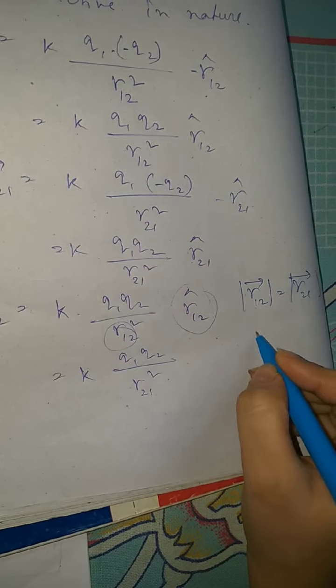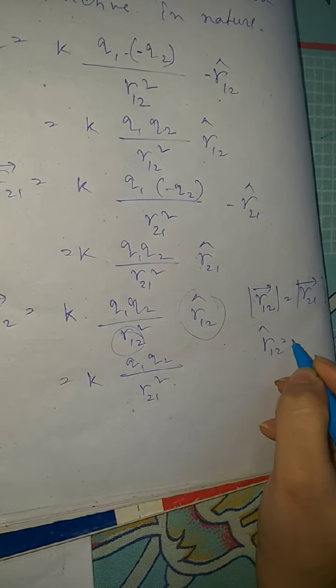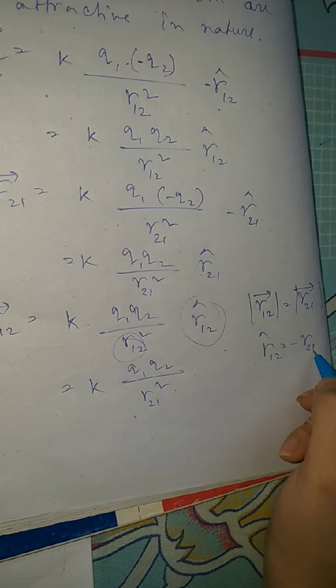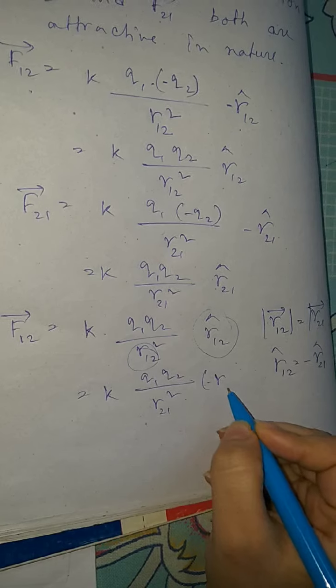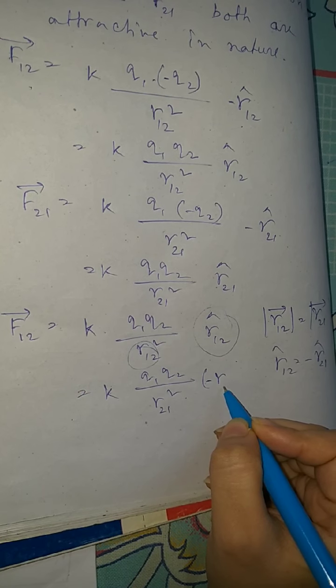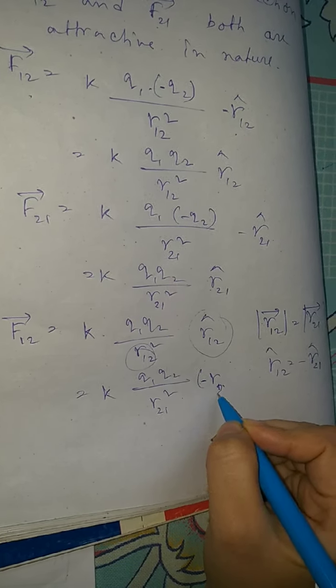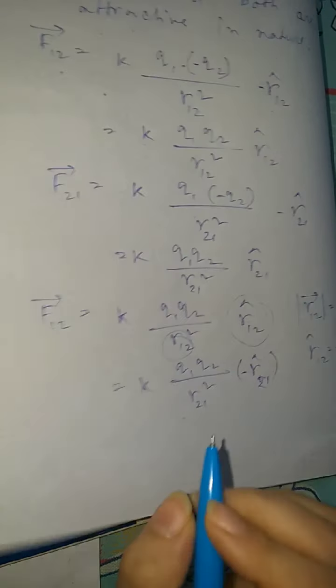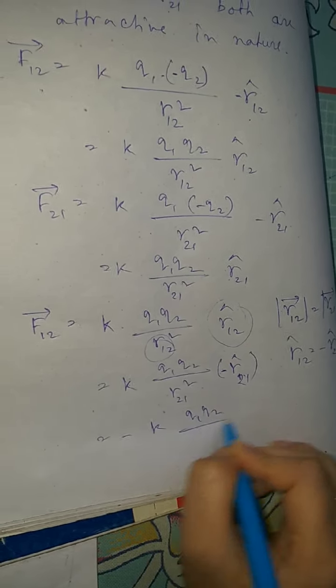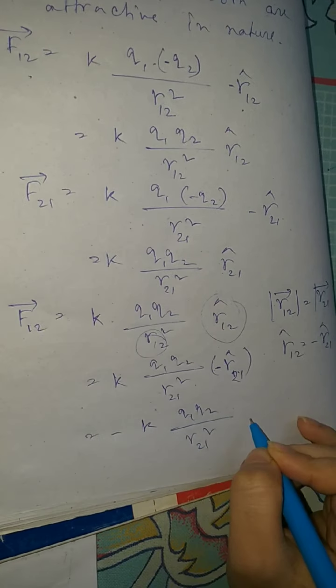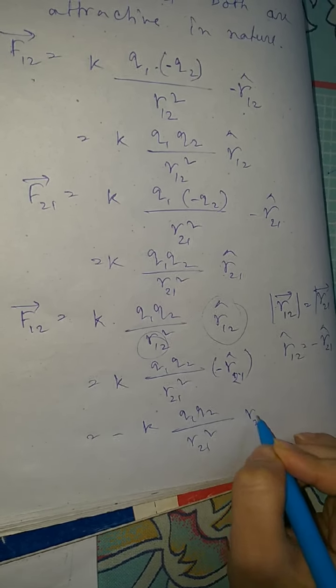And we know R12 cap equals minus R21 cap. So now we get K Q1 Q2 by R21 square into minus R21 cap.